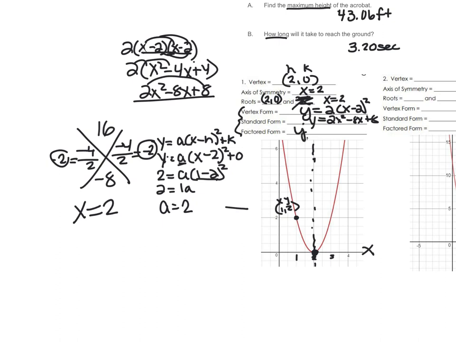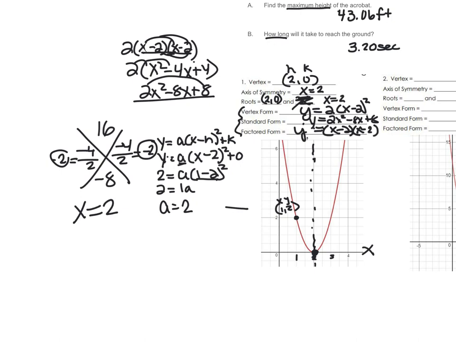So it'd be y equals x minus 2 times x minus 2. Oh, wait, come on, pen.